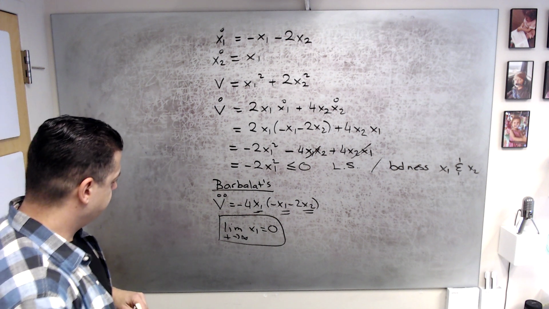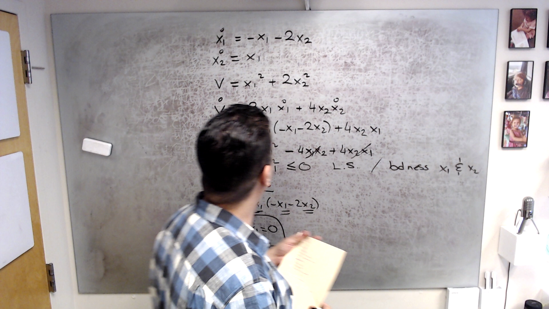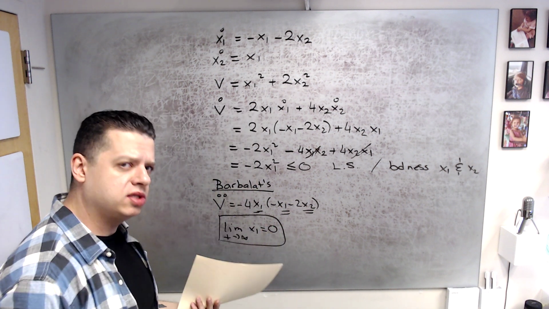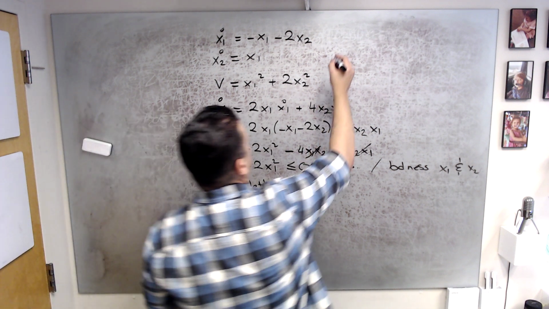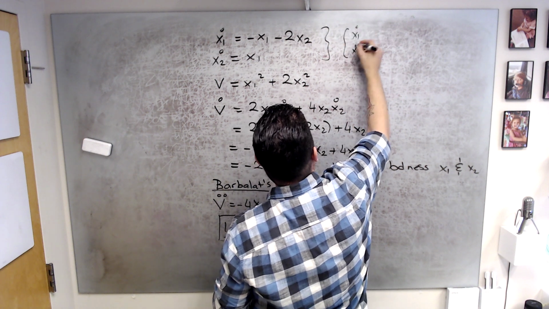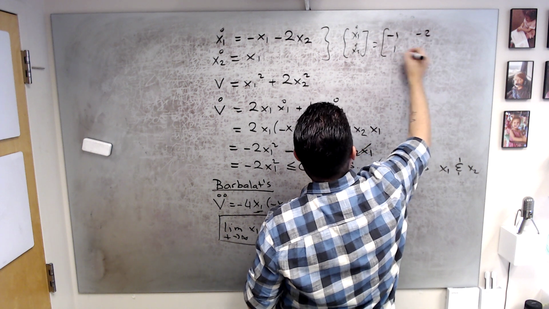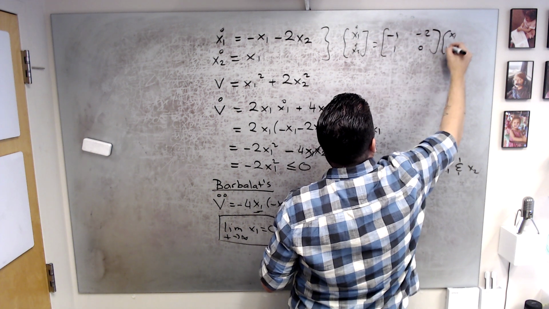Now, can we do more than that? The reason I am saying that, let's look at this system. You can write this system as x1 dot, x2 dot equals the matrix minus 1, minus 2, 1, 0, times x1, x2.